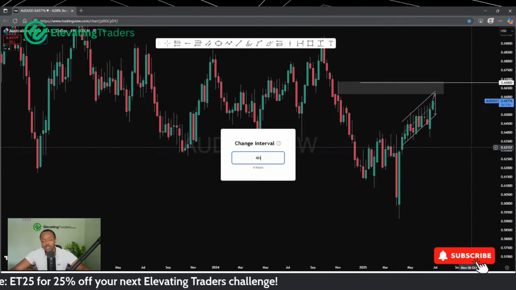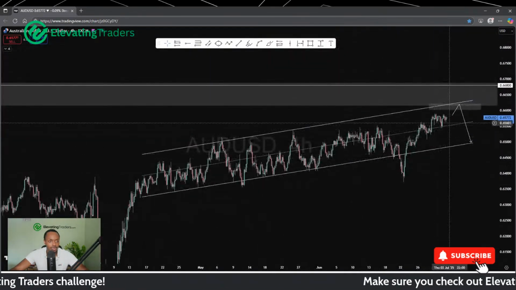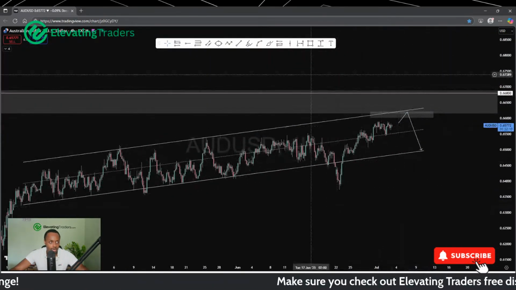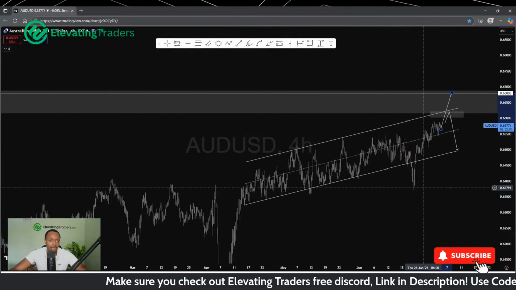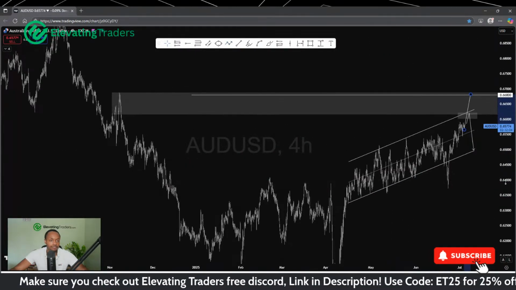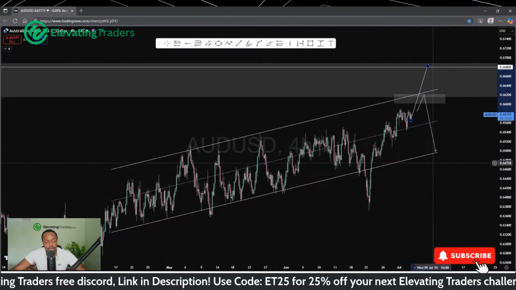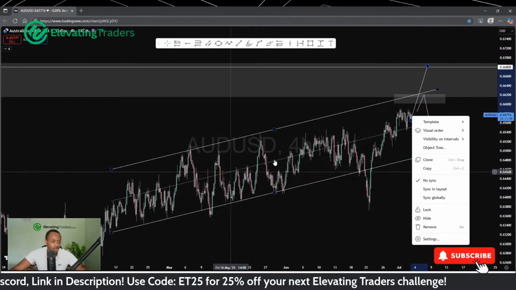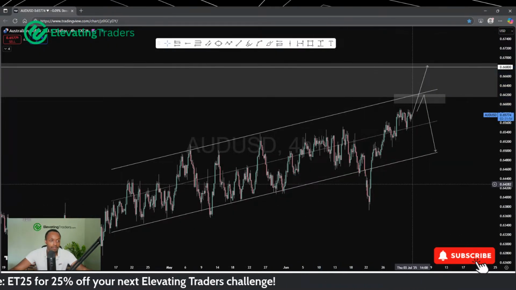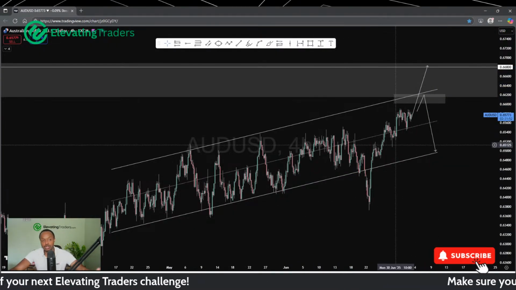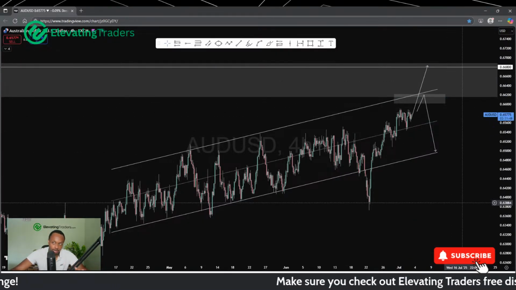In general, Aussie dollar is just so corrective to the upside that even if we don't respect the area I'm looking for, even if we do break higher, I still expect us to drop anyway. I do think Aussie dollar is getting ready for a big sell at some point. This is so corrected. This is not a healthy uptrend at all by any stretch of the imagination. This is a very corrective move. So as we climb higher, we are looking for price to fall.